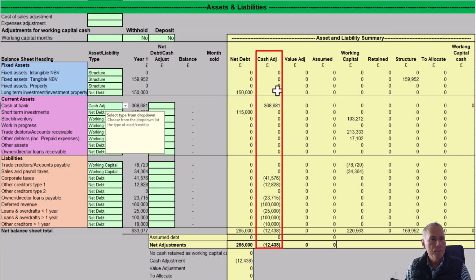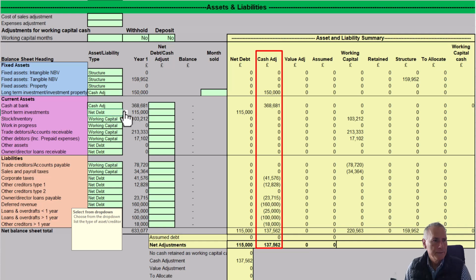So we need to also move those across to the same cash adjustment column, because effectively these are cash. This one's a long-term investment and this one's a short-term, but essentially they're cash, or what's called cash equivalents. So let's just change those two. That one, let's just move this out of the way, and that one. So you can now see that the total of this column is now 252,562 instead.